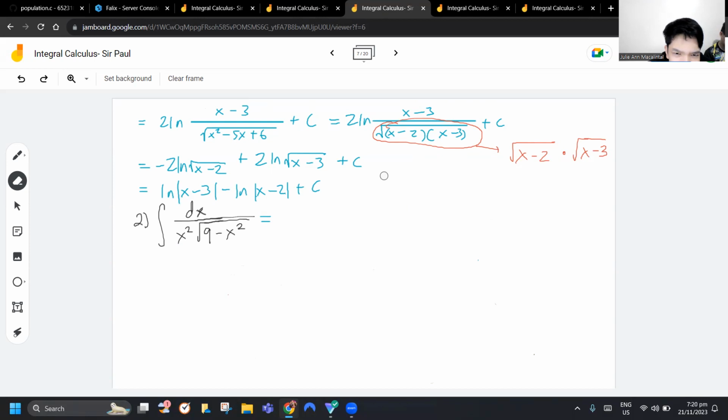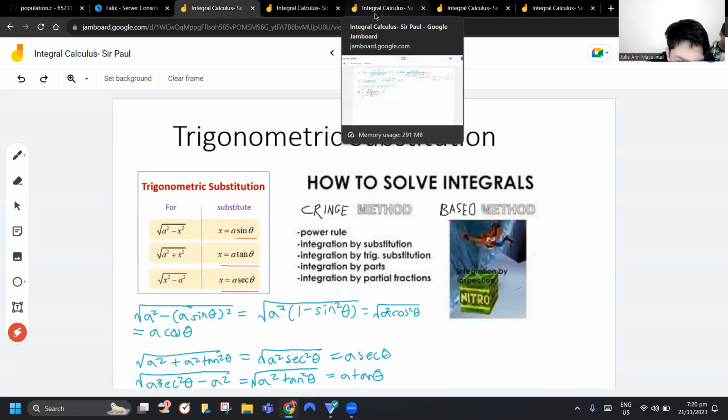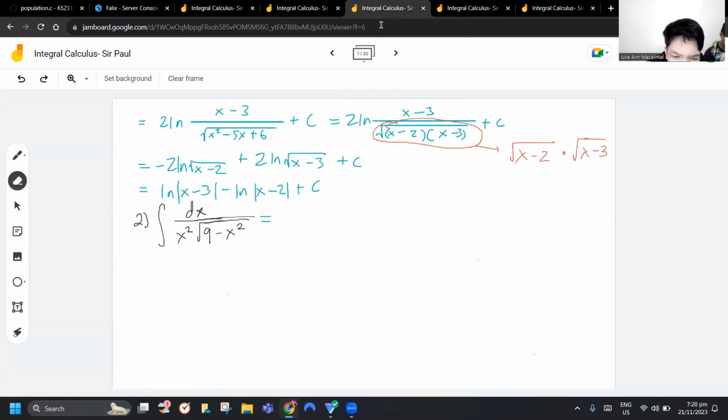This is problem number 2. It's in the form a squared minus x squared, so we need to use a sine. We have expressed x as a sine theta. So a is 3, because the square root of 9 is 3.